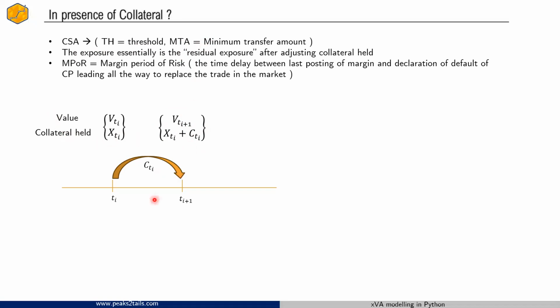So you dynamically keep a record of the value of the trade and the evolution of collateral. Keep a record of these two, and keep measuring your residual exposure at every time point. And then use that in the equation.